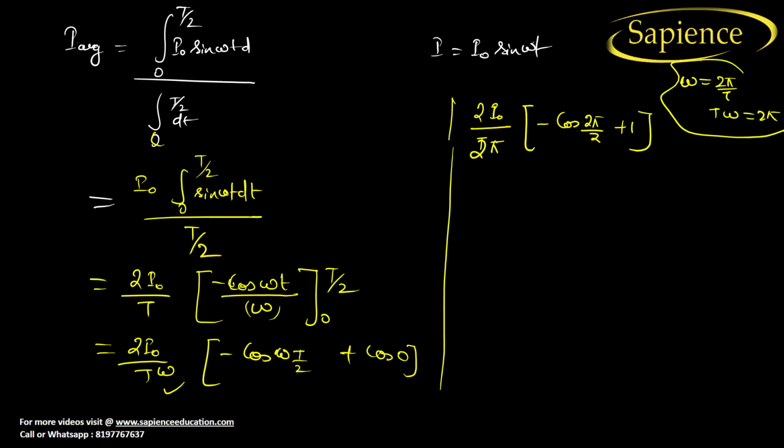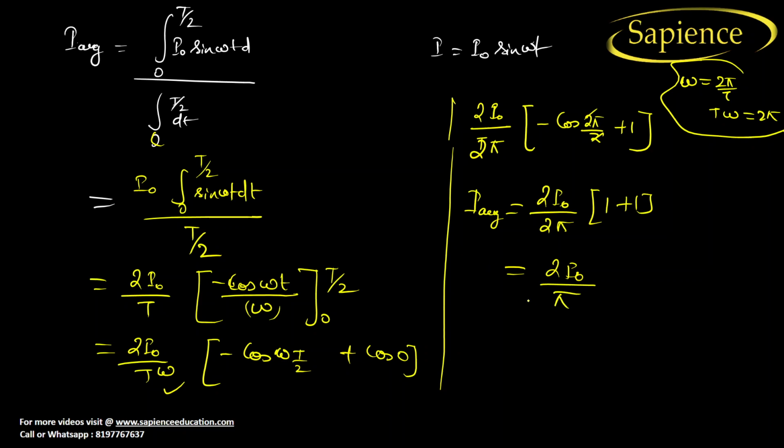Now the 2 will cancel out, so finally we get 2 I naught by 2 pi into minus cos pi, which is minus 1, so minus minus cancels out and this will be 1 plus 1. So finally I average is equal to 2 I naught divided by pi.